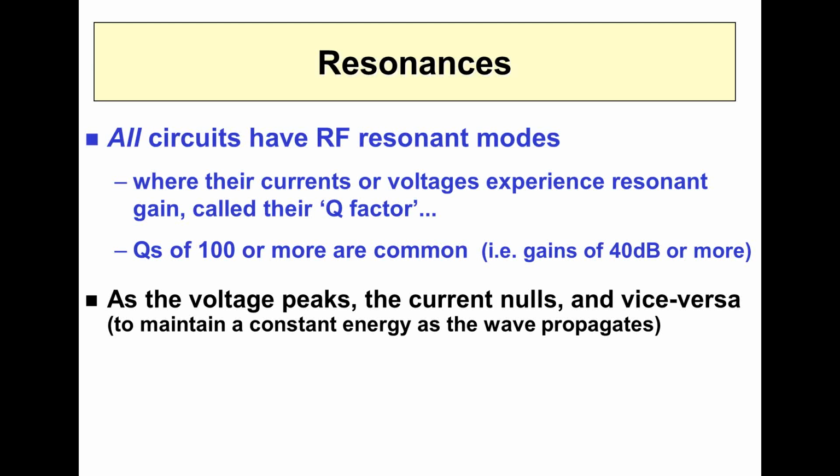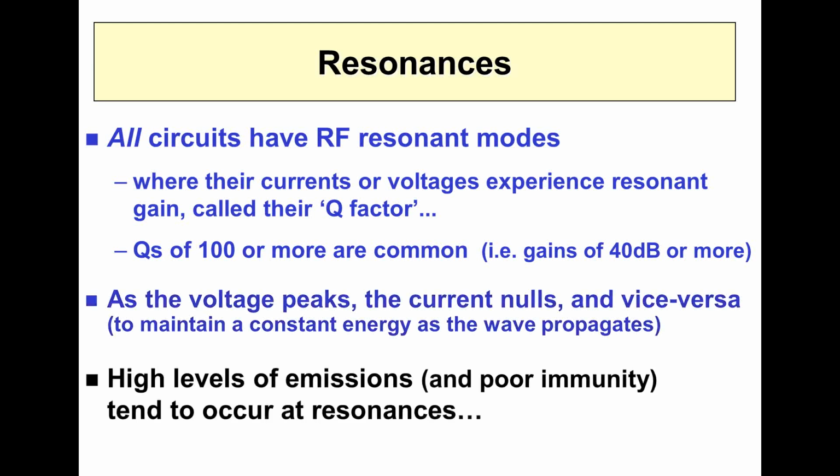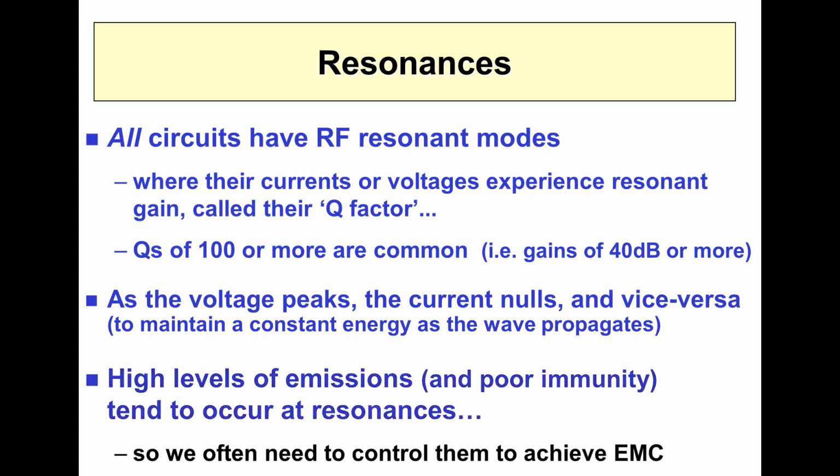And when one is bigger, the other one has to get smaller to keep the same amount of energy. The reason we're interested in resonances is because we tend to get high levels of emissions and very poor immunity at resonances. The resonances can be caused in various ways, as we'll talk about in a minute. And so we often find ourselves controlling resonances to achieve good EMC.